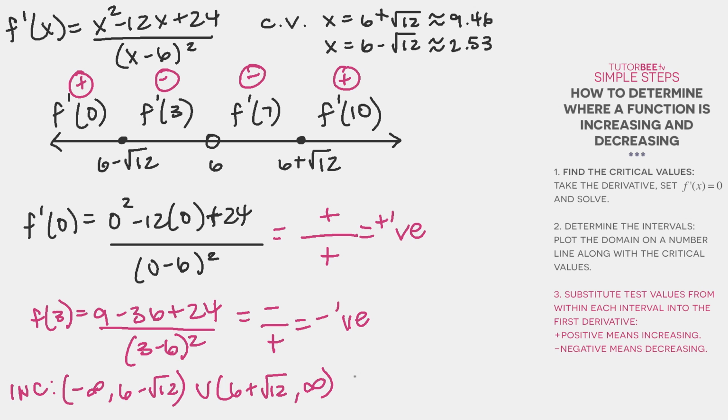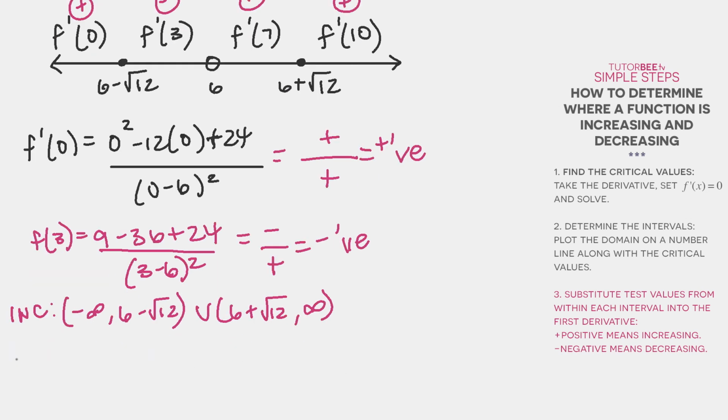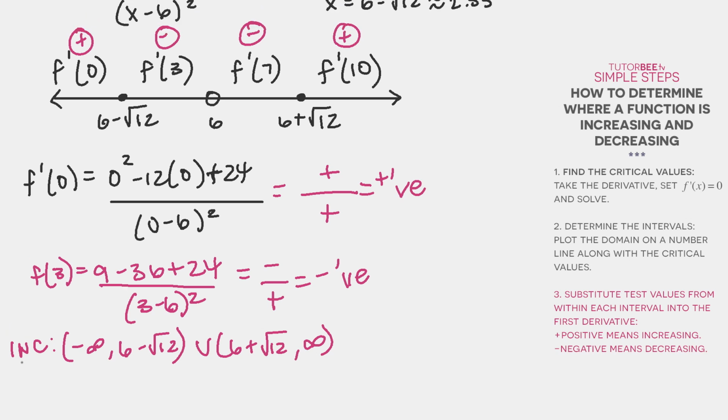And then for our decreasing interval, we get the 2 center ones. So that's going to be 6 minus root 12 to 6, union with 6 to 6 plus root 12. And there's your answer.